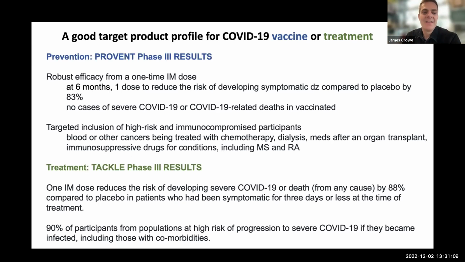And in fact, this is not a hypothetical. This is actually what happened with Evusheld that AstraZeneca developed based on antibodies Lisa mentioned we discovered in the lab here. So the Provent trial, this was it, 83% against all symptoms, not just severe, but even URI, which far exceeds the efficacy of any of the mRNA vaccines at 6 months. And I think you're probably going to say, what?